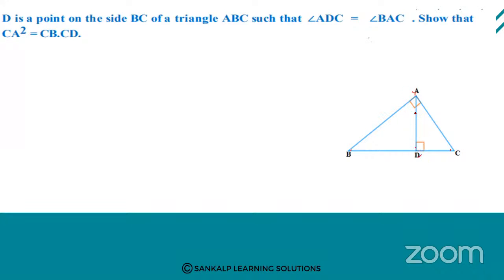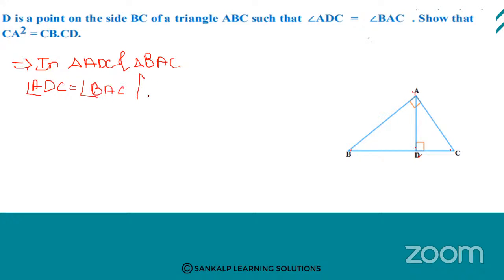So in triangle ADC and triangle BAC, two triangles are there. We have taken the full triangle and this triangle. Now in the question they have given angle ADC is equal to angle BAC.